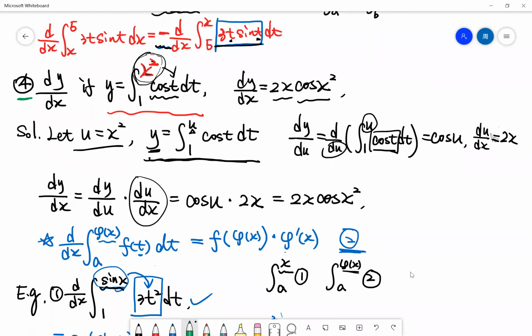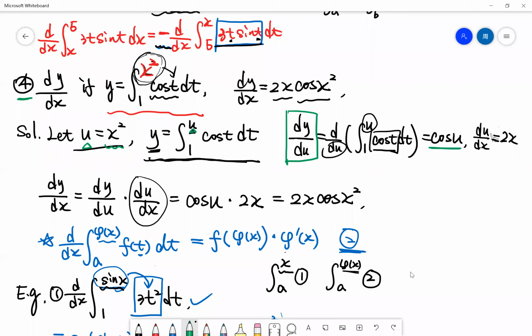Yeah, if the upper limit is a function of x, then we cannot use formula number 1 directly because number 1 is for x itself, right? So here I use the substitution rule to let x squared be u. I change the variable to u, so you get dy by du from the first formula directly, cosine u.